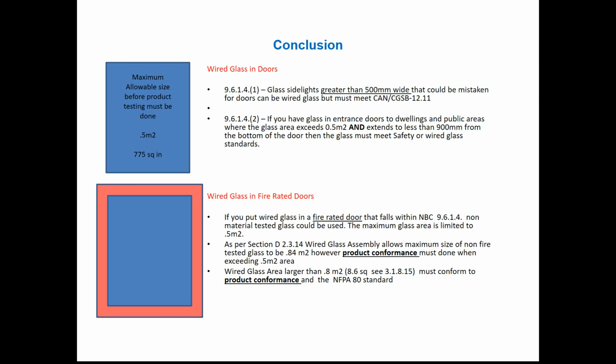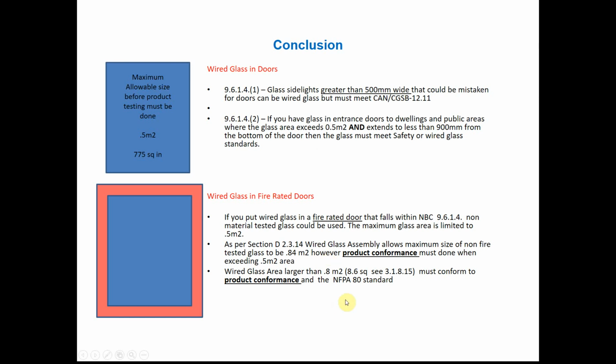Once again, it should be impact rated glass, not wired glass. I've got a wired glass here on the slide, but it should be safety or laminated. So when it exceeds 900 millimeters from the bottom of the door and exceeds this size, that has all to do with the aspect.